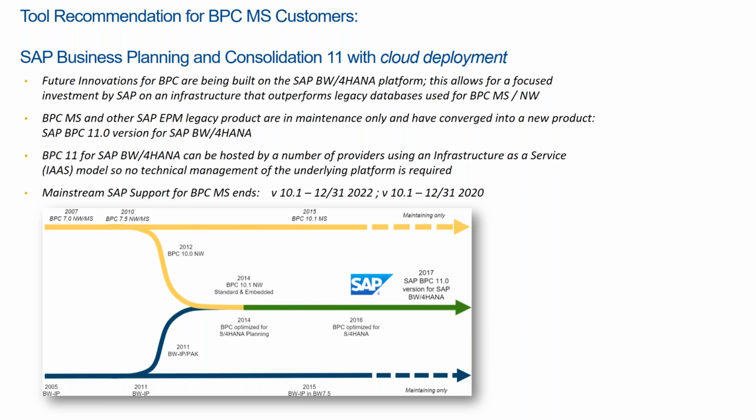SAP typically extends their support dates, but they may not. But the purpose of this visualization, which SAP created, is to make sure it's clear that this is the go-forward platform. They will not be investing in Microsoft or NetWeaver platforms outside of making sure things work through the end of their support period.